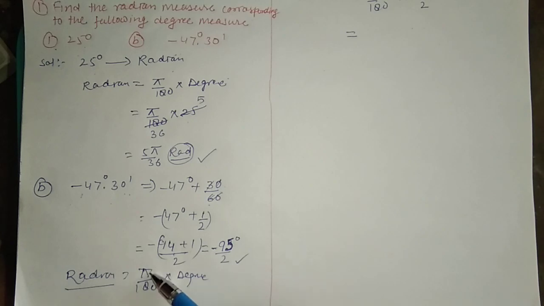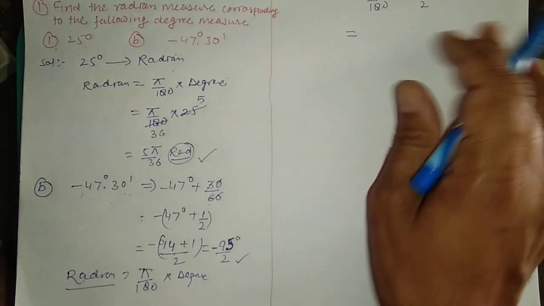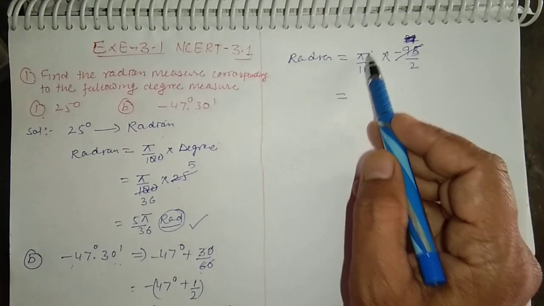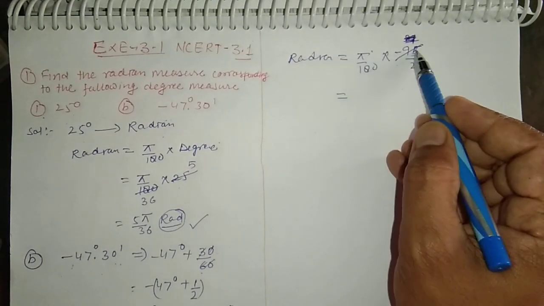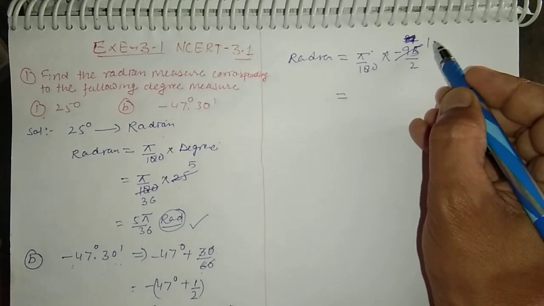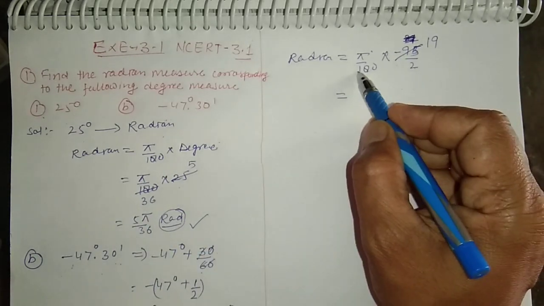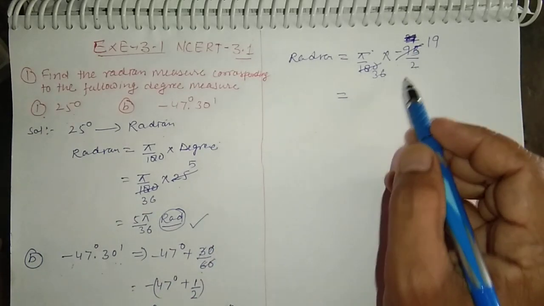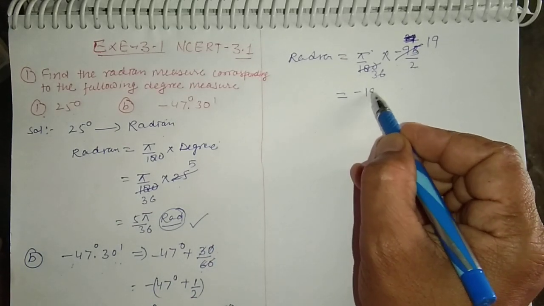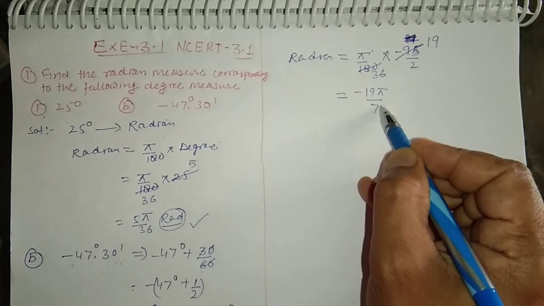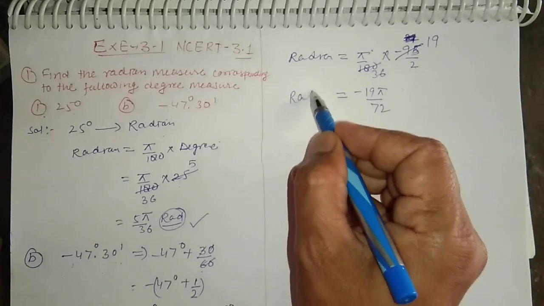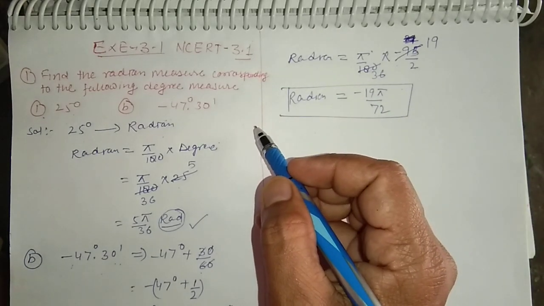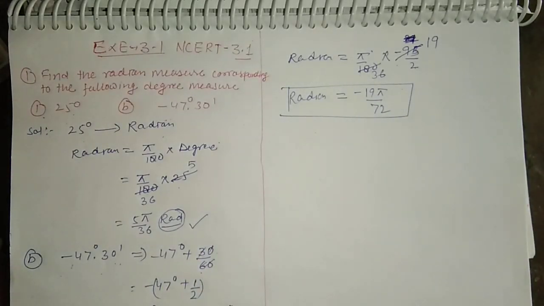For the radian we have pi upon 180 into degree. So we write radian equals pi upon 180 into minus 95 upon 2. So 5 19s are 95 and 5 36s are 180. So now finally we get minus 19 pi upon 72. Clear? So I hope it is clear to you how we convert the given degree into radian.